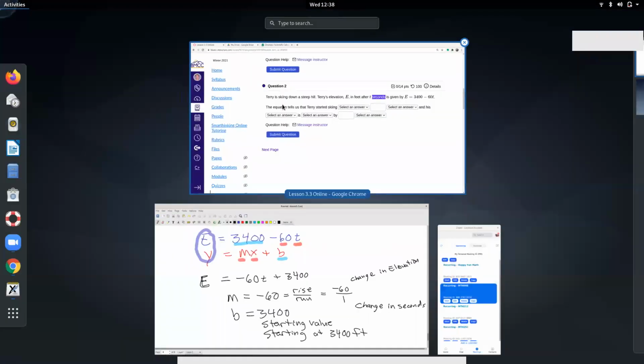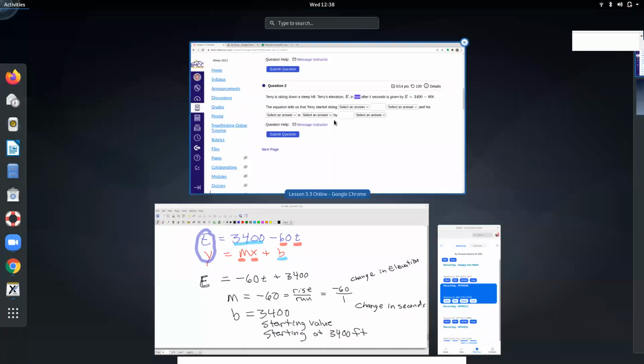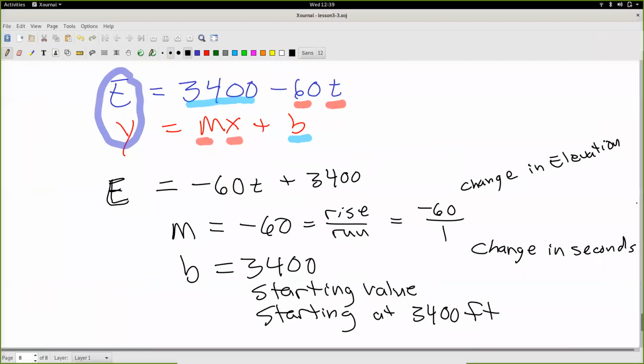Miles, I don't think makes sense for the number 3,400. It's feet. Feet, yep, right there, feet. So elevation, feet. So this negative 60 is really feet per second.